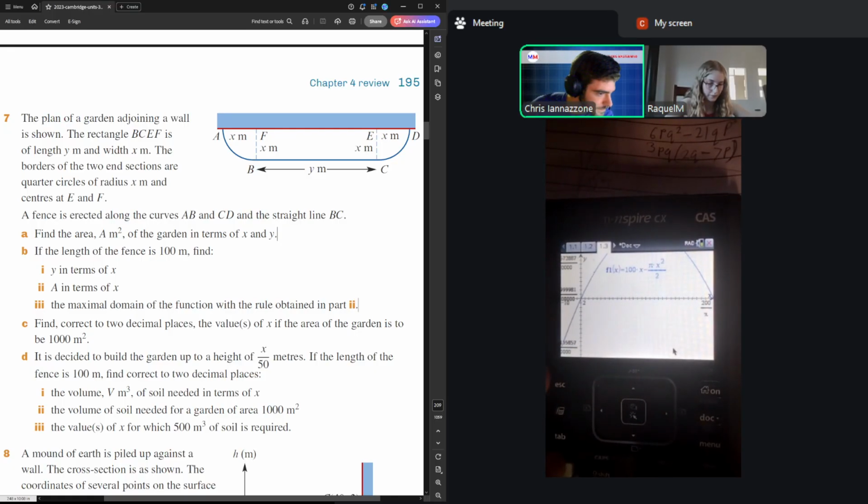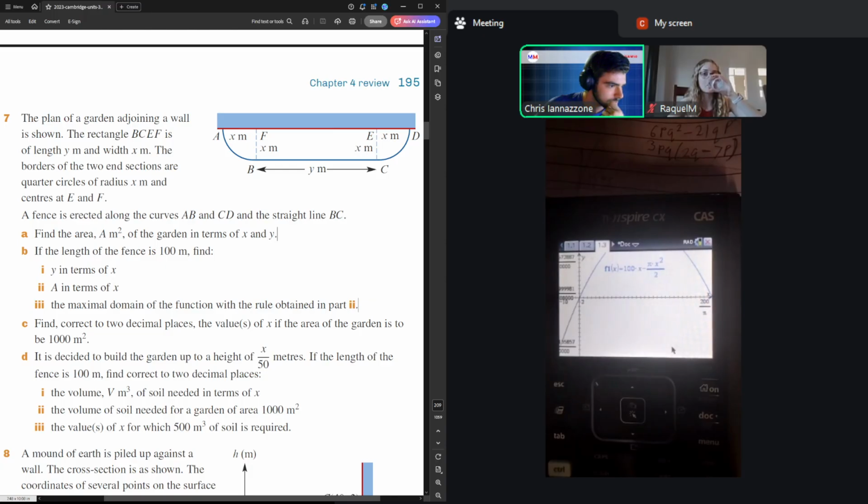Did I mess this up? 100x minus pi on 2 x squared. Why does it go that far? Should have cut it 100 on pi, not 200.